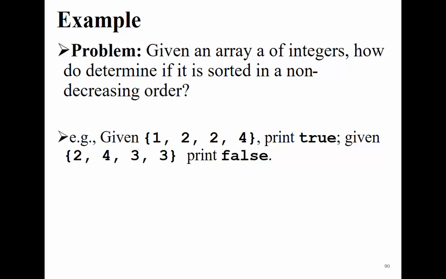So it's sorted in ascending order from the smallest to the largest. Descending order is from the largest to the smallest. So we need to make sure this array is sorted. When I say non-descending order, that means ascending order. How can we do that?